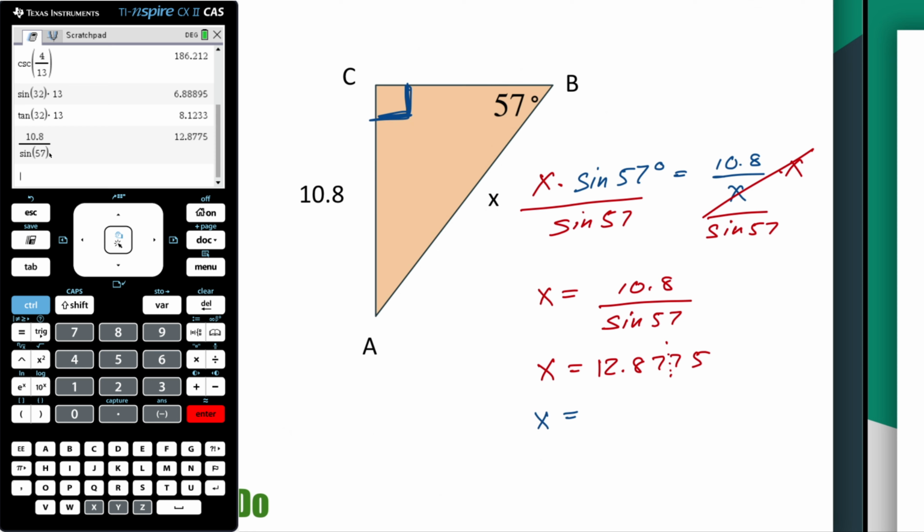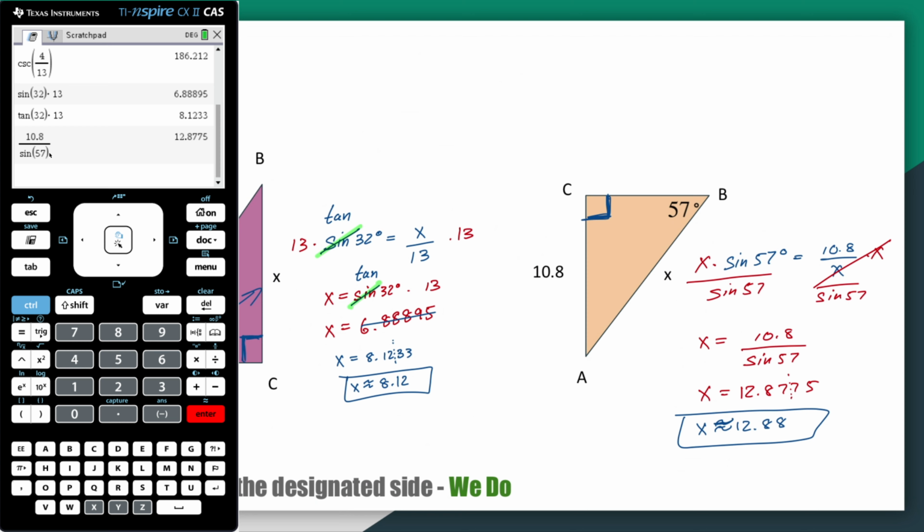And we're going to get x is equal to 12.88 approximately. Okay? So, hopefully you got that one right. This is missing sides. We're going to do missing angles in a second here, but it's really all about finding the trig function that you need given the information you have for that triangle. Okay. All right, let's get rid of this calculator here.